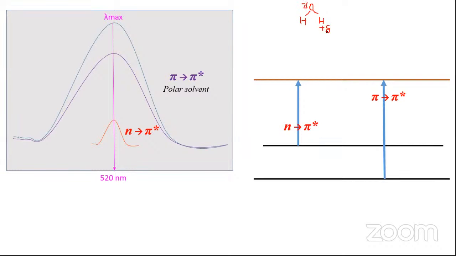What it actually means is that the electrons involved in bond formation are pulled towards oxygen because of its electronegativity. So the electrons are more localized towards oxygen and less available for hydrogen for interaction. So you get two poles within the same molecule, right? One is a negative end and the other is the positive end. Such kind of solvents are normally referred to as polar solvents.